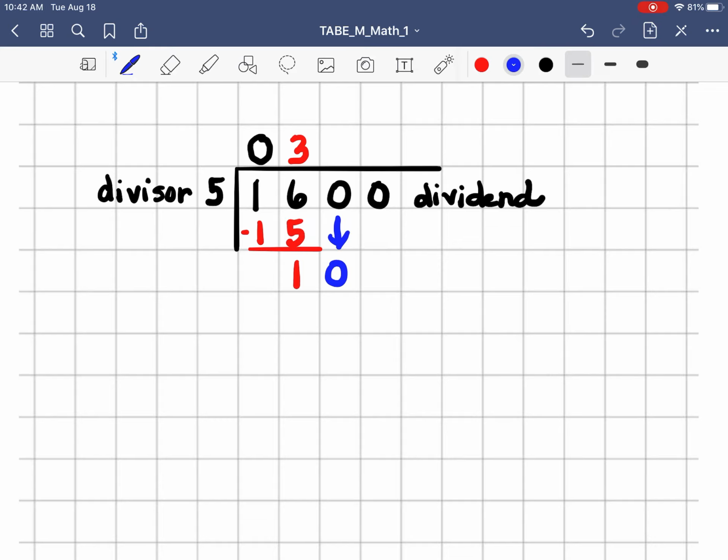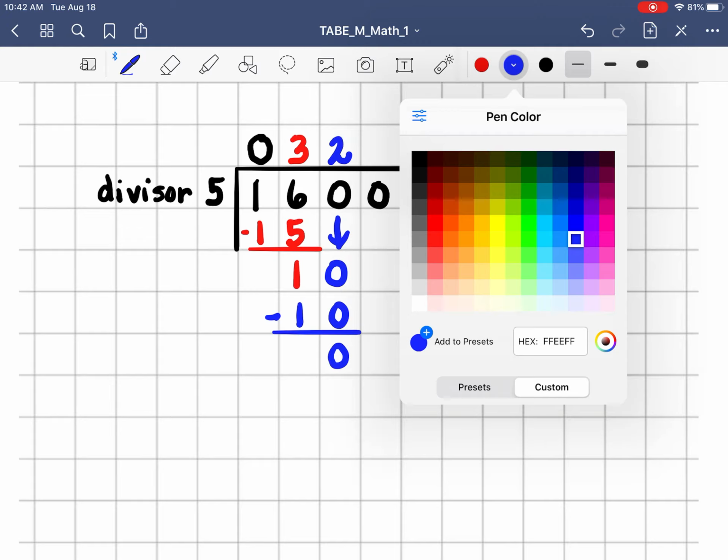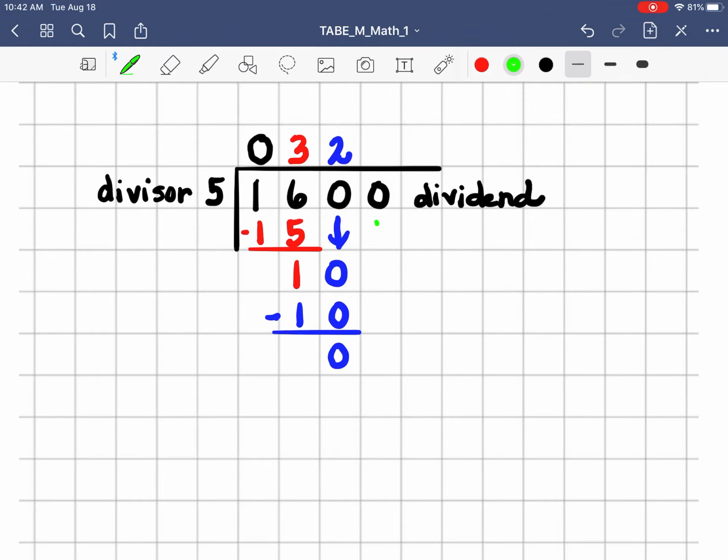So 5 divided into 10 is 2. 2 times 5 is 10. And I will subtract to get a 0. But we are not finished, because we still have that third 0 sitting up there that has to come down.